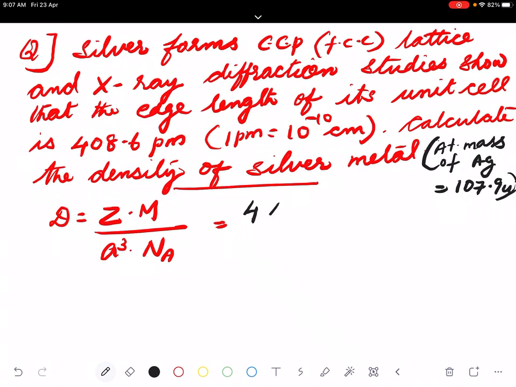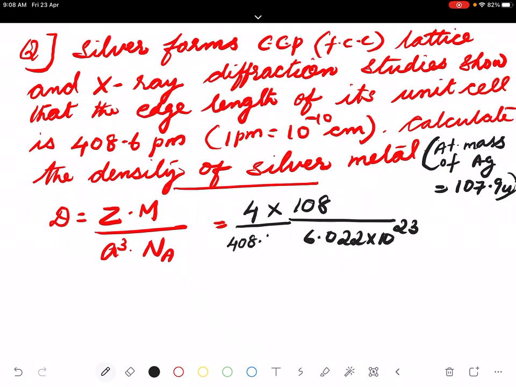So 4 into 108 upon Na. What is Na? 6.022 into 10 to the power 23. Now a cube, you have to write as 408.6 into 10 to the power minus 10 whole cube.